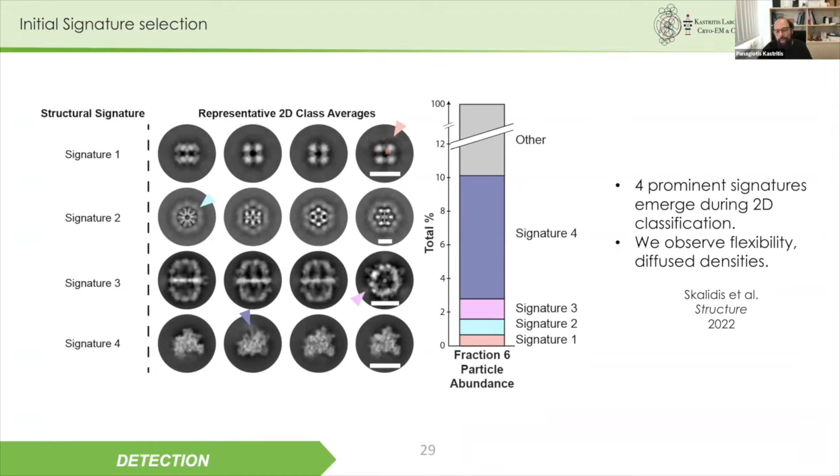For example, this cubic core is surrounded by diffused densities. This icosahedral core is surrounded by less diffused but still diffused densities. And this symmetric hamburger shape has additional densities around, and this asymmetric density, again, has these diffuse densities.